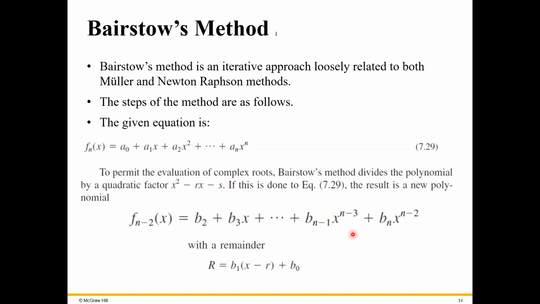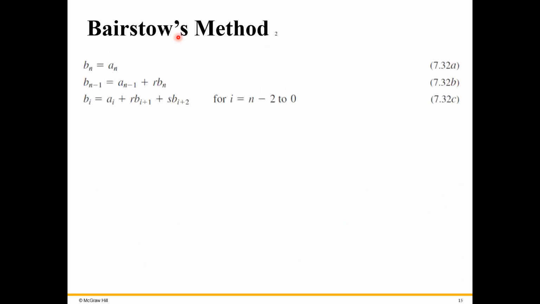How can we find the values of b naught, b1, b2? This is provided by the results of the Bairstow's method, which show that these b coefficients can be found by these equations. So bn will be equal to an, where n is the degree of the polynomial.